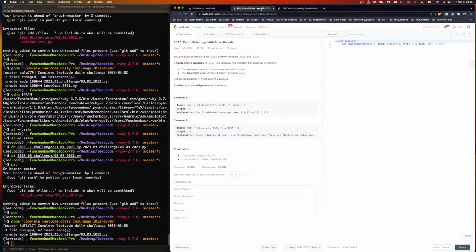If we find something that's the same, then we have to swap, because the smaller one has precedence. The smaller one has precedence, because the smaller one will include a bigger one. So yeah.